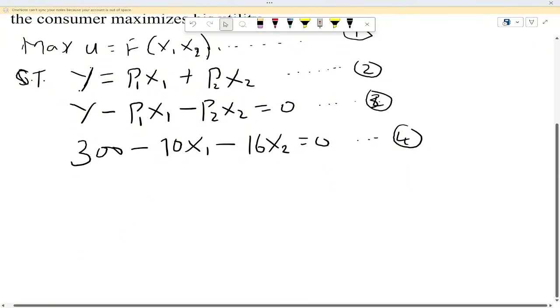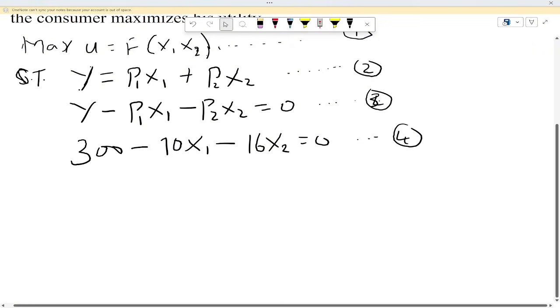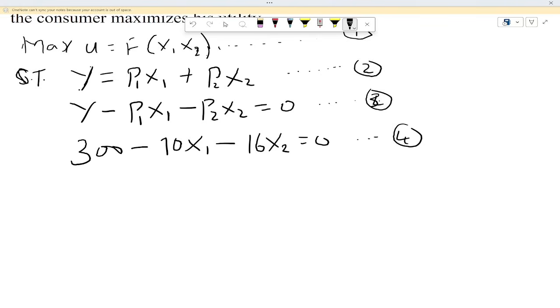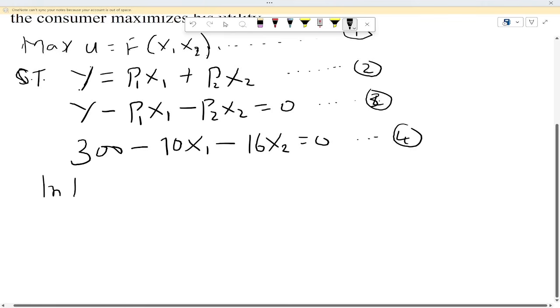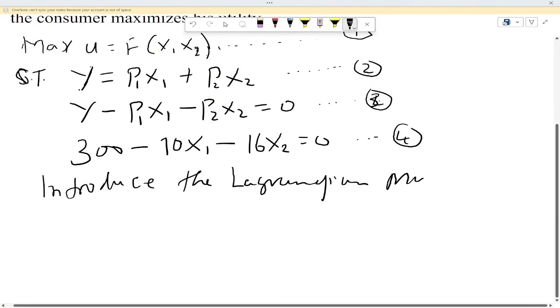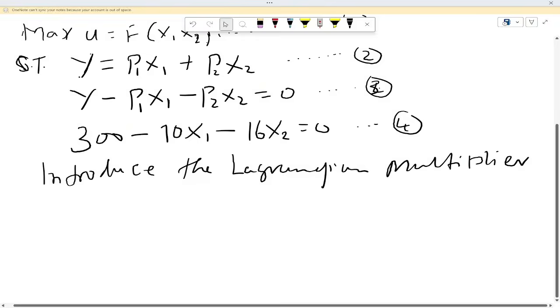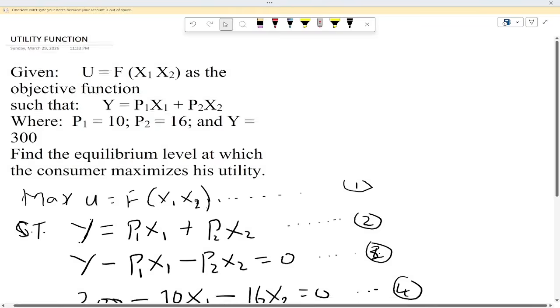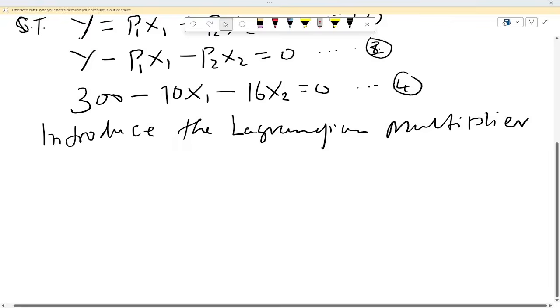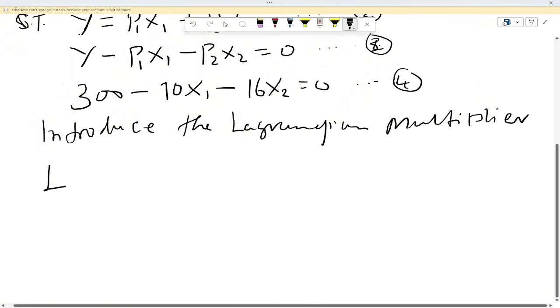So what happened here now is that you introduce what you call the Lagrangian multiplier. Now, what happens here is you bring the first equation like this.